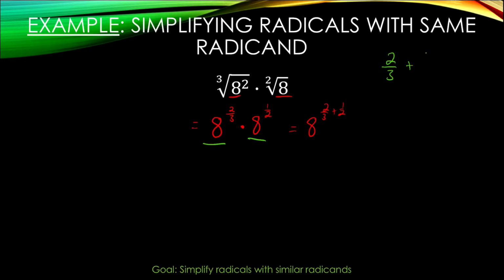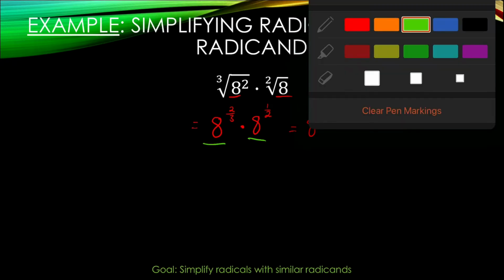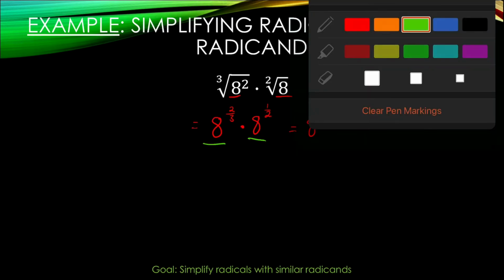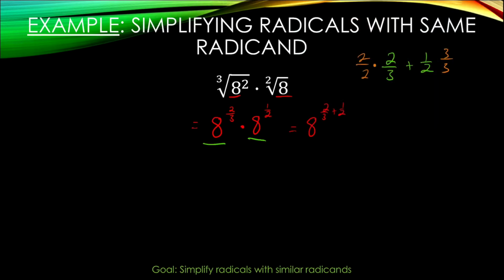Say 2/3 plus 1/2. Remember, when adding fractions, I need to have a common denominator. So we're going to say our common denominator is 6. I'm going to multiply by 2 over 2 here, and 3 over 3 here. That gives me 4/6 plus 3/6. I add those together, I get 7/6.